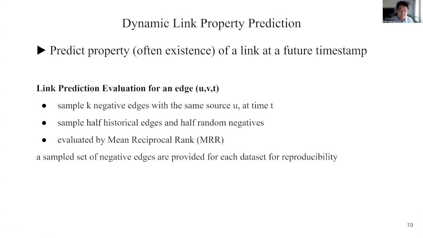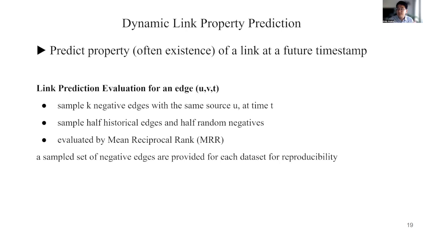And then here we will sample half historical edges and half random edges. The random edges are the standard approach, and historical edges are basically the edges that you have seen in the training set, but you don't currently observe. So you might have some recurring edges over time, and at this step, it doesn't recur. But you still want to test on it because for many applications, such as flight prediction and so on, many of the edges will be recurring.